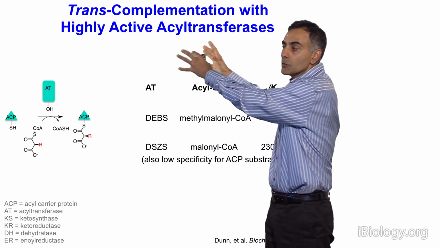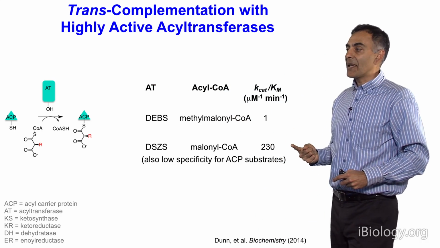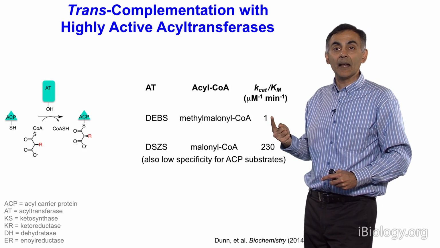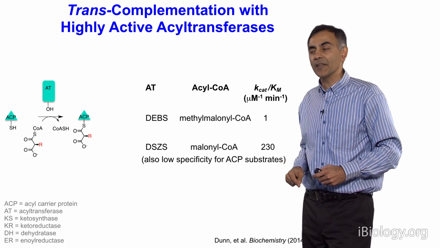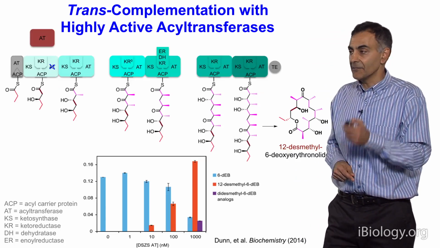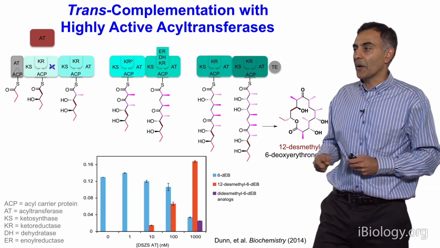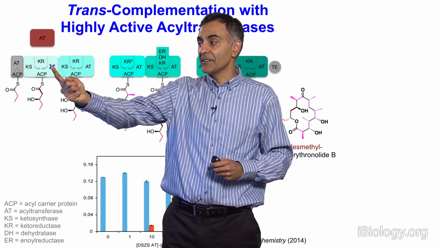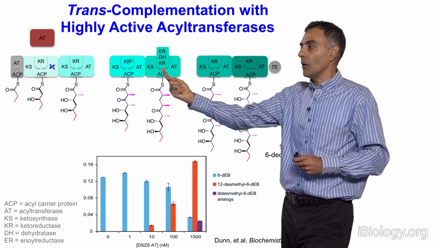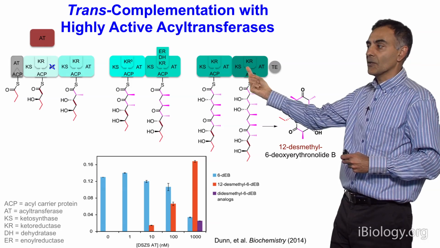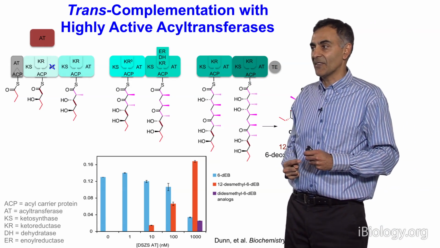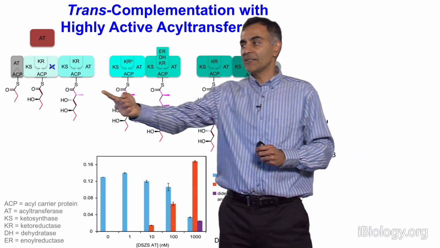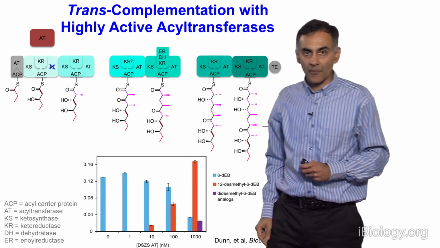They operate outside the assembly line, and because they work very, very fast compared to typical acyltransferases that exist in assembly lines, you can do some interesting experiments. In this case, we have knocked out one acyltransferase out of all 6 acyltransferases on the 6-deoxyerythronolide B synthase. So this is like a site-directed mutant that has inactivated that acyltransferase.